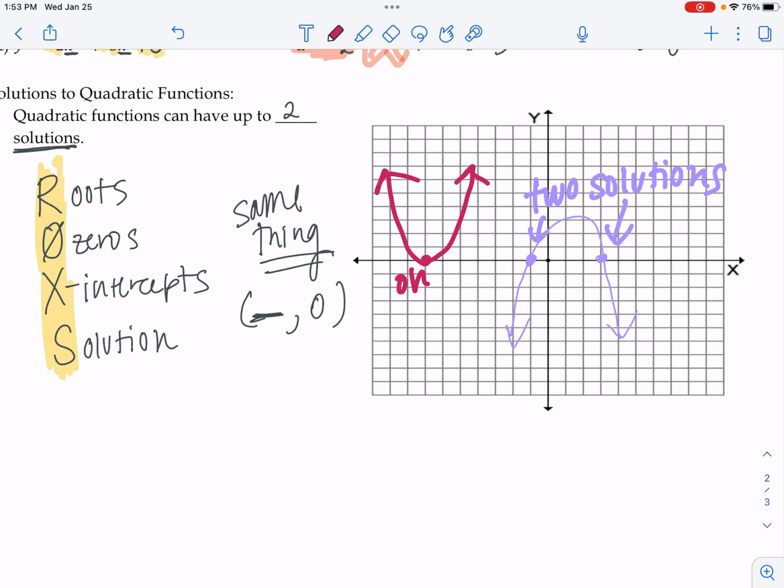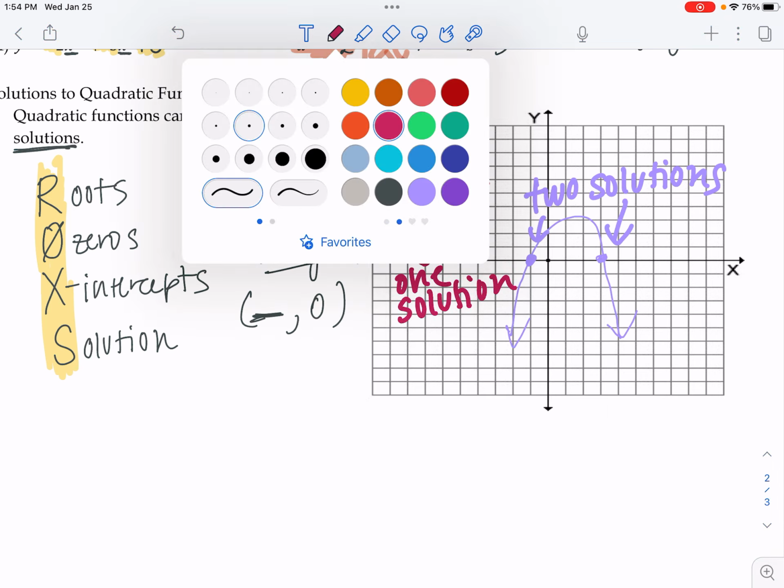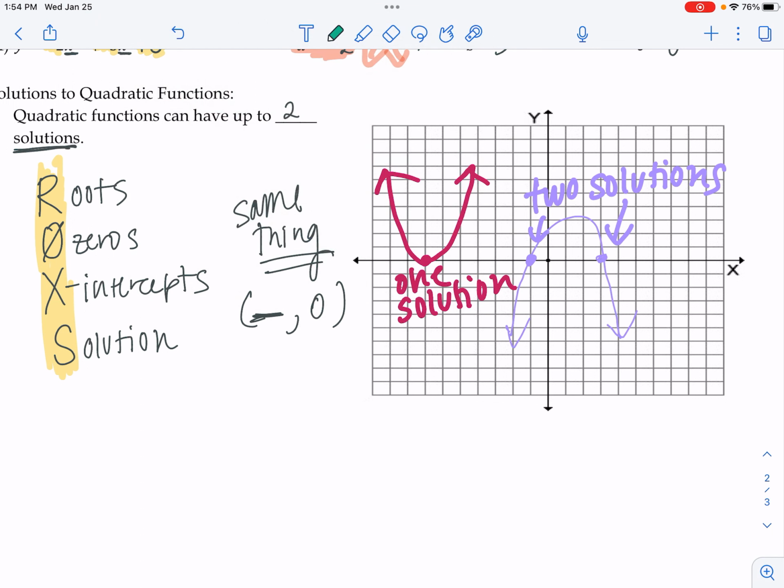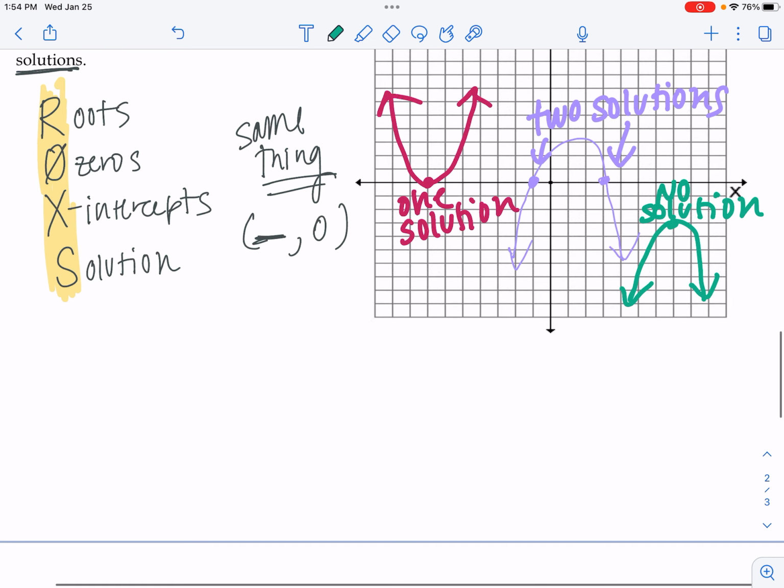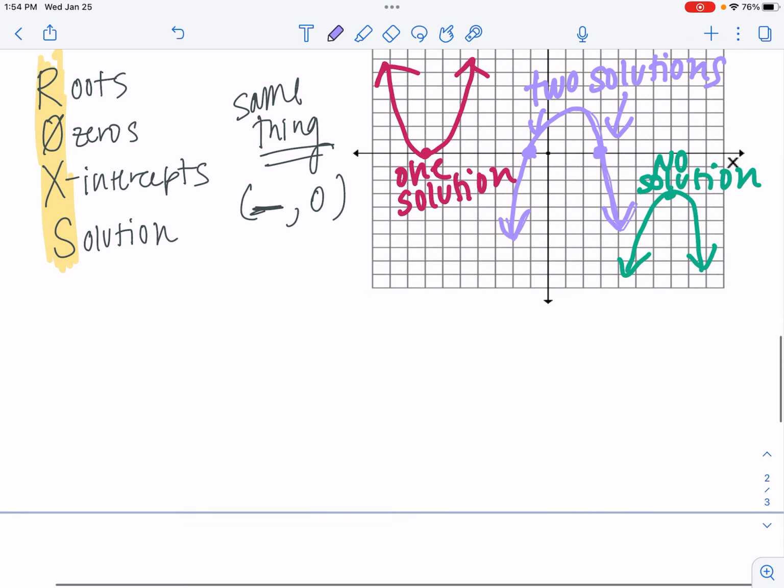That would be 1 solution. And sometimes we have weird cases where it doesn't cross the x-axis at all. Sorry, that's not very symmetrical. I'm going to do better. And in that case, no x-intercept means no solution. Okay, so those are our 3 different cases. You could have 2 x-intercepts, you could have 1 x-intercept, or you could have no x-intercept for parabolas.